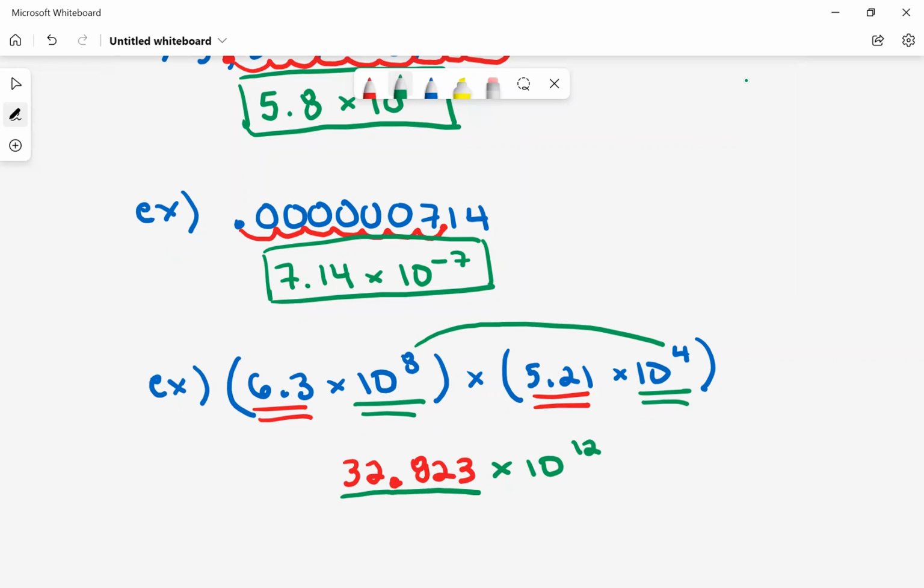So I need to move the decimal one more place. So I need it to be 3.2823. So that means I add an extra 10 to these tens.